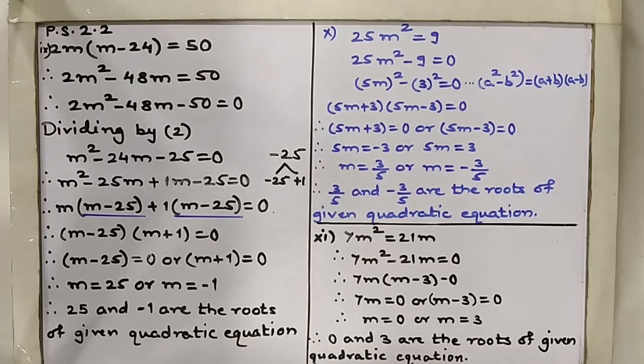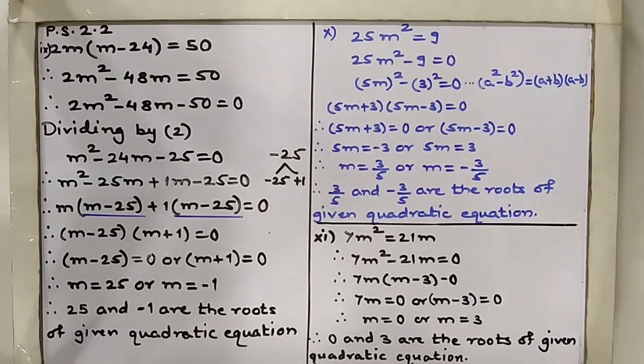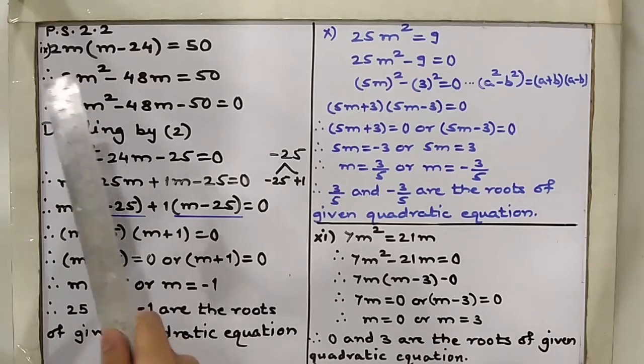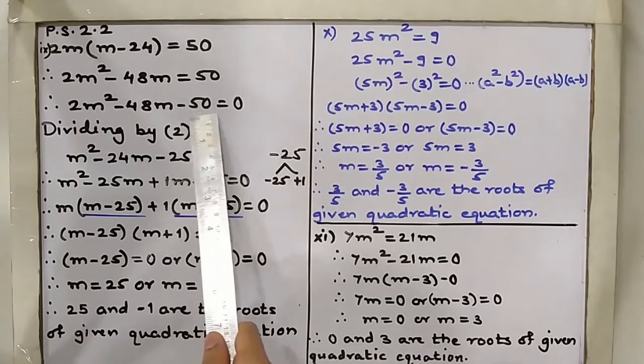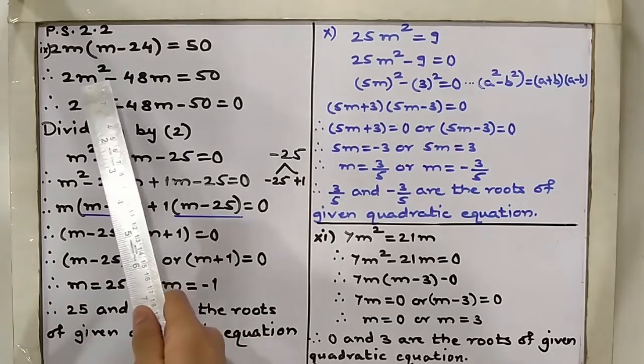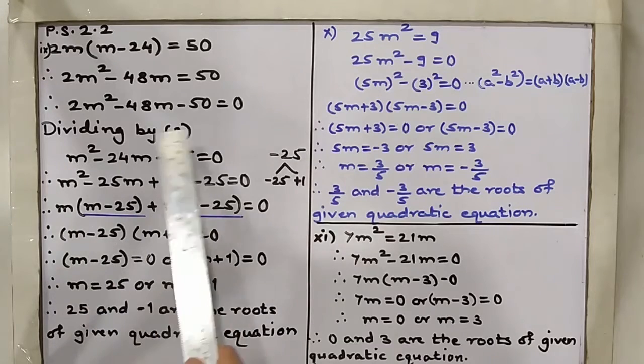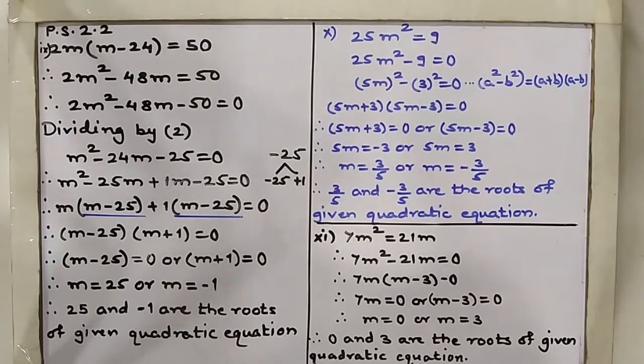General form of quadratic equation is ax square plus bx plus c equal to 0. So we'll shift plus 50 on the left hand side. So we get 2m square minus 48m minus 50 is equal to 0. The coefficient of m square is 2, coefficient of m is minus 48 and constant is minus 50.